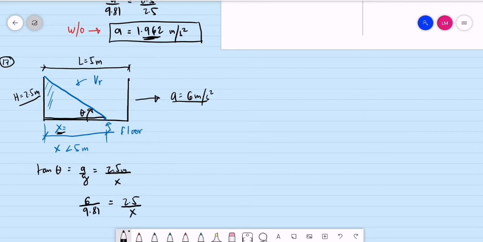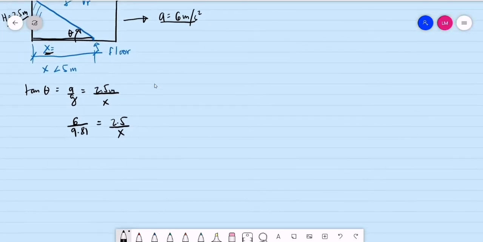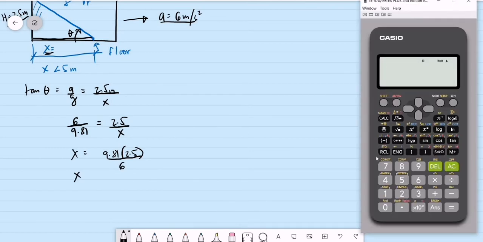Computing for the value of x, x is equal to 9.81 multiplied by 2.5, divided by 6.